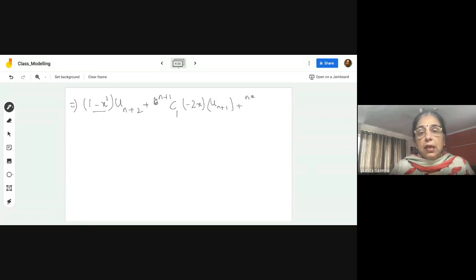Plus n plus 1 C2 into the second derivative of v into the nth derivative of u. These will be the three terms. After that, the derivatives will vanish. So that means from the first term, we are going to get just these three terms. Is this clear?